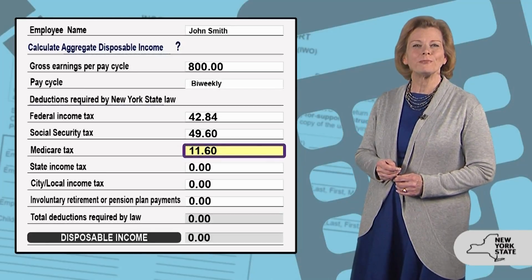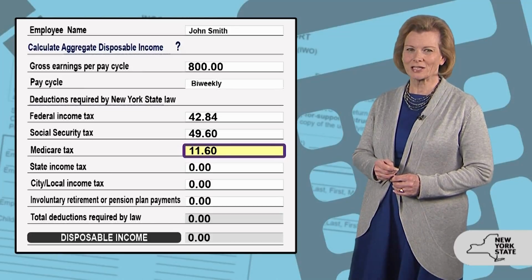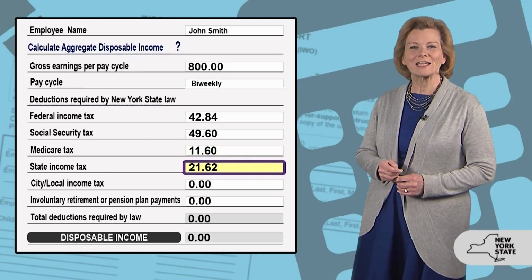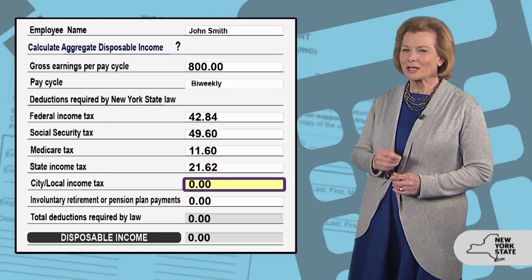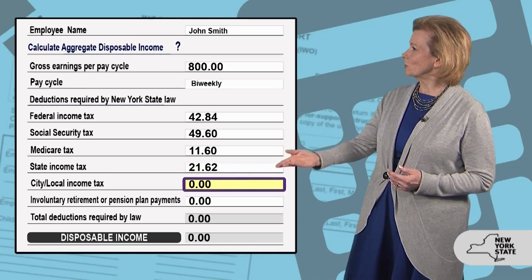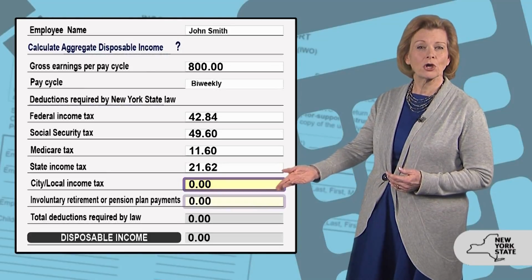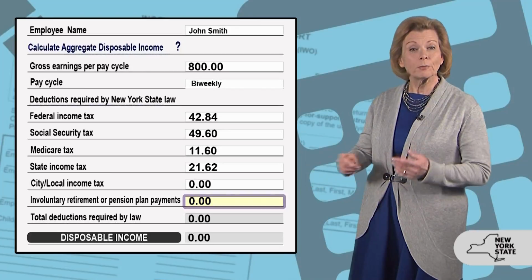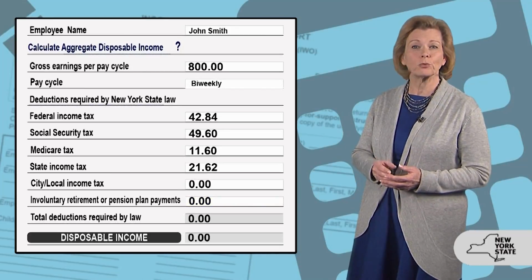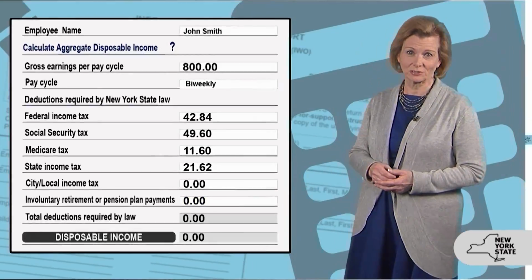Moving on, the Medicare tax is $11.60 and the state income tax is $21.62. In our scenario, there is no city or local income tax or involuntary retirement or pension plan payments deductions, but you may encounter employees with one or both of these deductions.